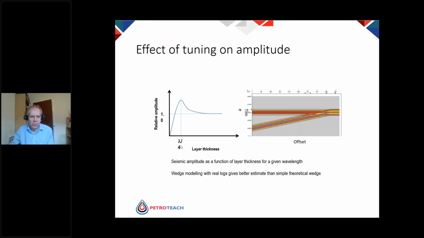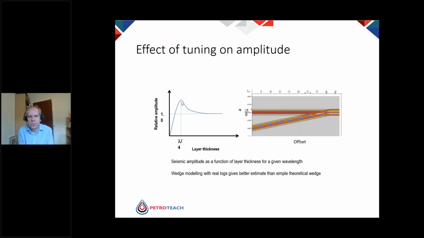Lambda over 4 is the maximum of the tuning in theory. I can't see thinner than that. If I have 300 hertz seismic, I can see really thin layers. I don't have that unless I'm doing some very, very shallow work. So there is a limitation.